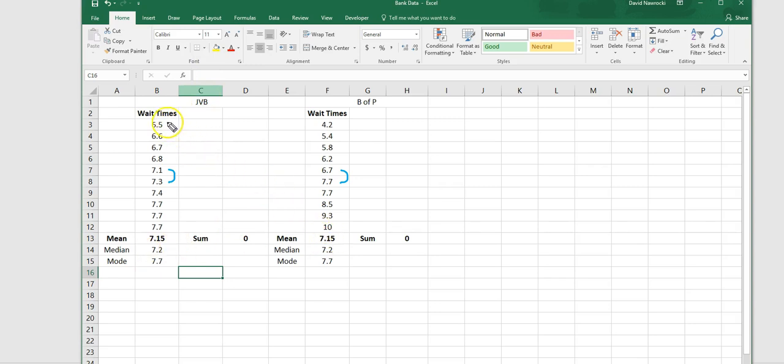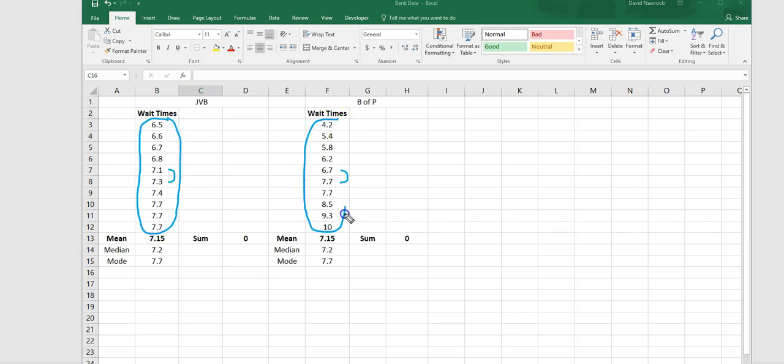However, do these data sets really look the same? No, they do not. It appears that the Bank of Providence has much more variation in its waiting times than the Jefferson Valley Bank. Generally, in industry, you want to try to reduce variation in products that you're producing.